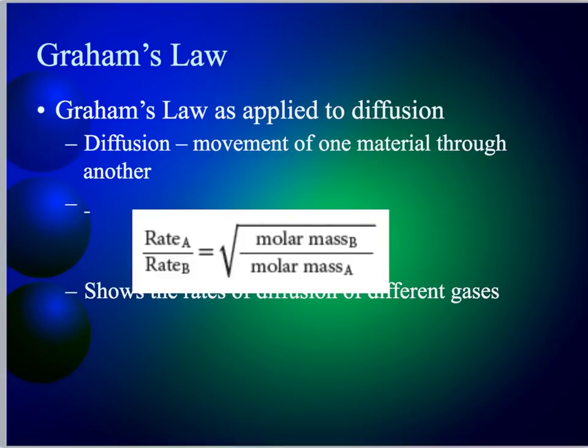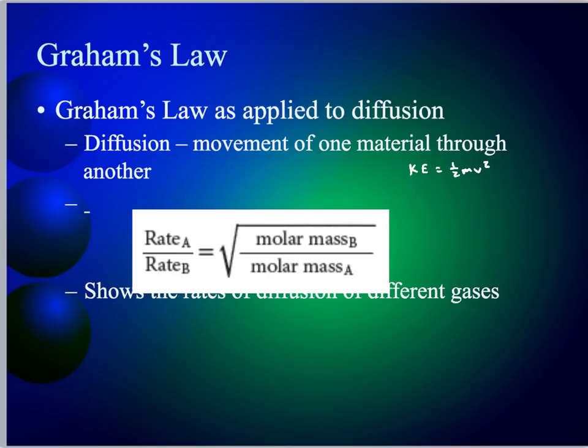Okay, so as an equation, it'll look like diffusion, the movement of one material through another. It looks like this, and all this is, it's really just rearranging the kinetic energy equation. Since gases at the same temperature have to be equal to the same kinetic energy, all Graham did was just rearrange this.